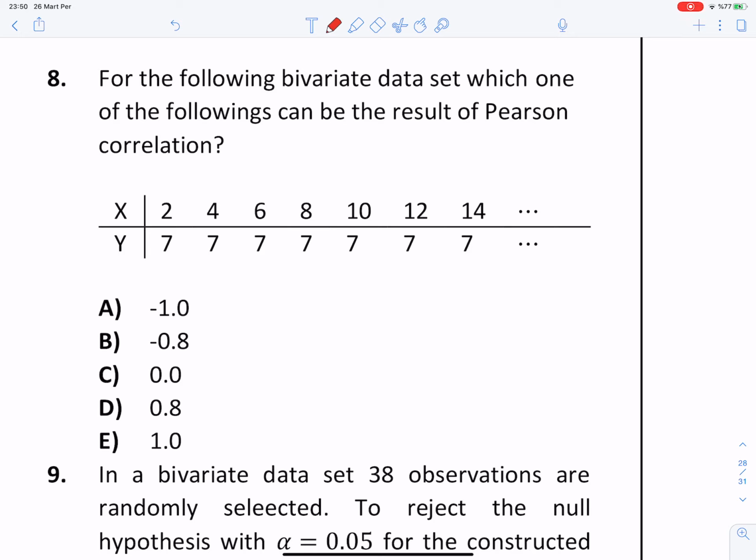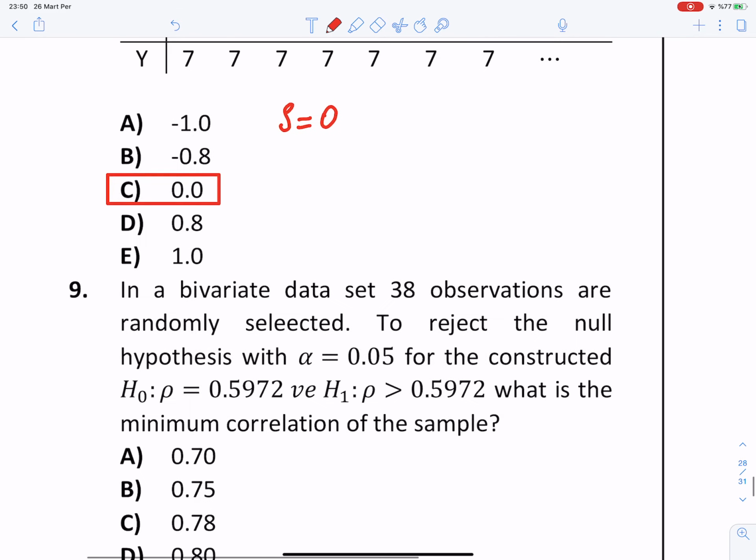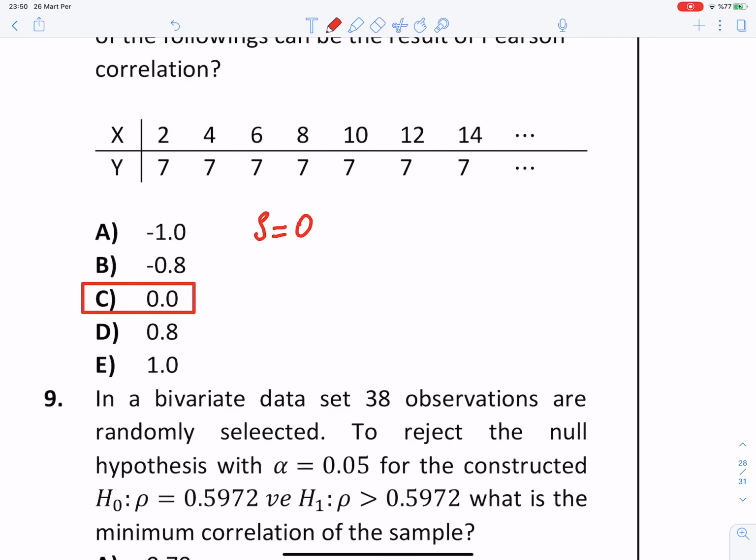If an increment in one variable does not affect an increment or a decrement in the other variable, then there is no correlation. So the correlation coefficient will definitely be 0. So the correct answer is 0. No calculation needed. You can easily pick up the right answer by looking at the data set. Okay.